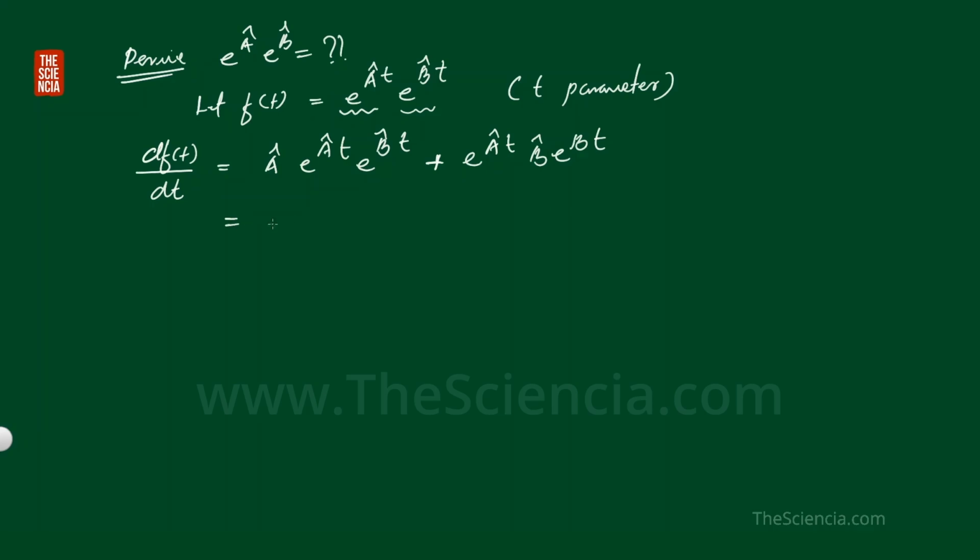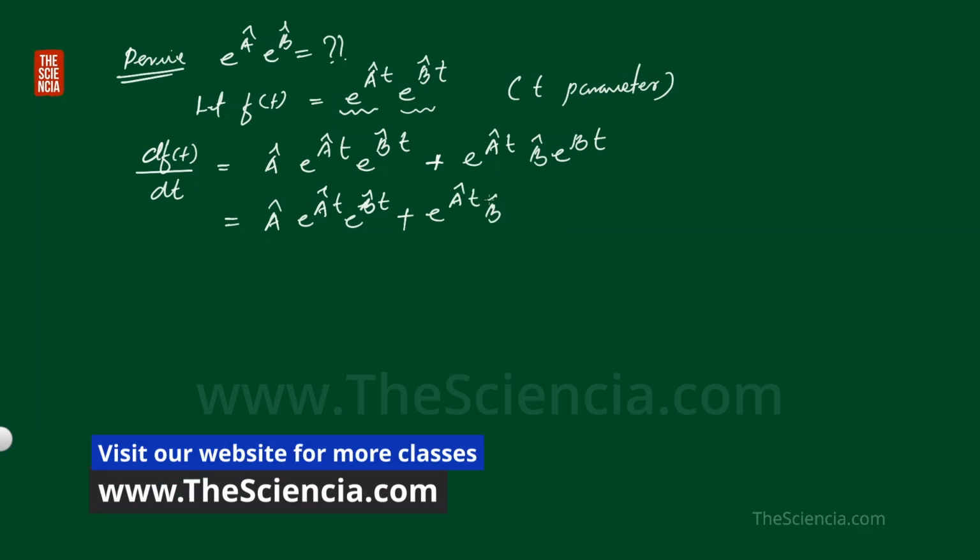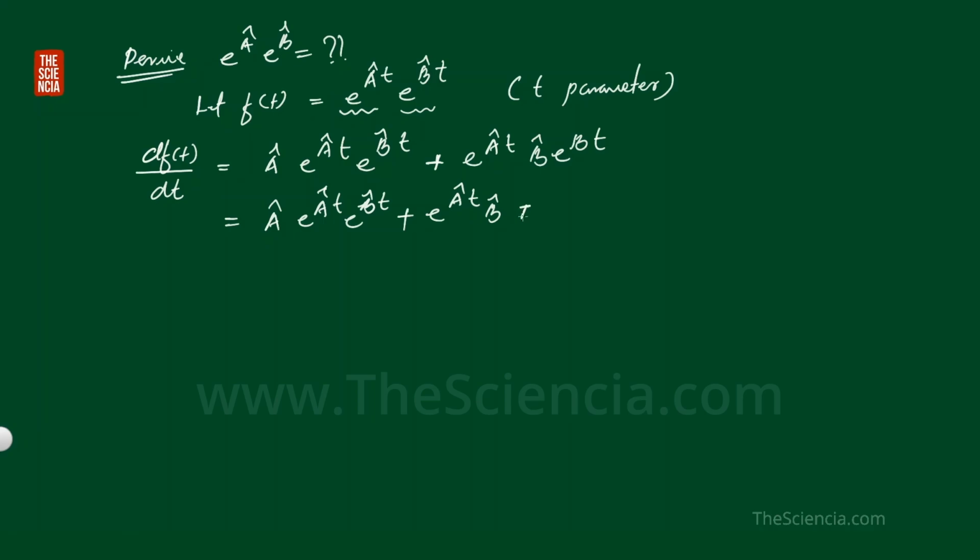That is equal to A e^(At) e^(Bt) plus e^(At) B, where I am introducing one term here, I times e^(Bt), where I is the identity operator, and that is equal to e^(-At) e^(At).